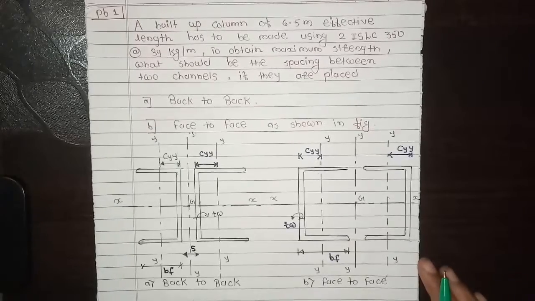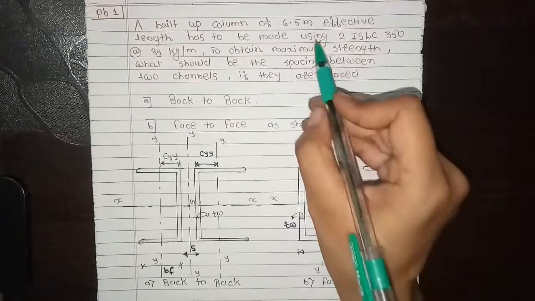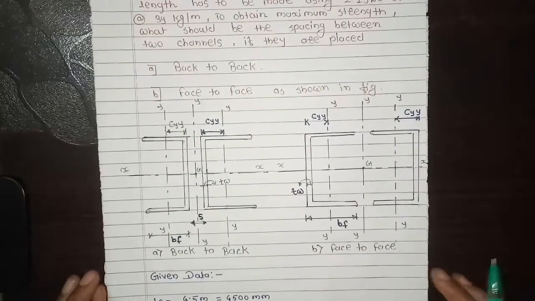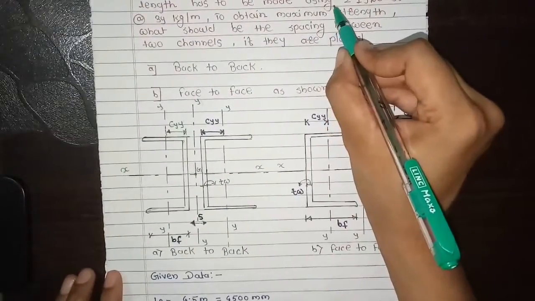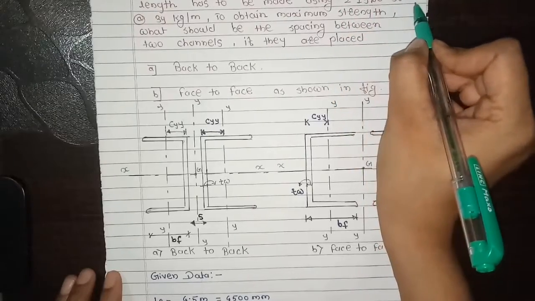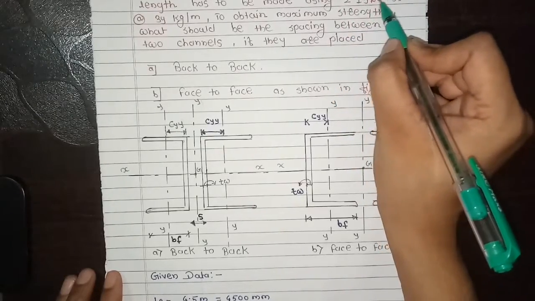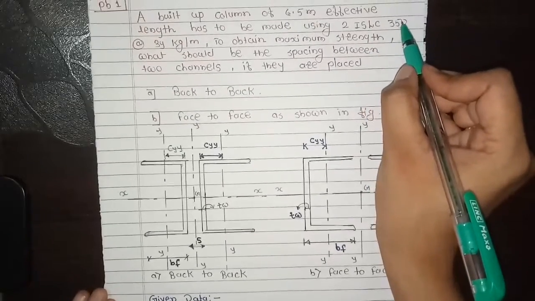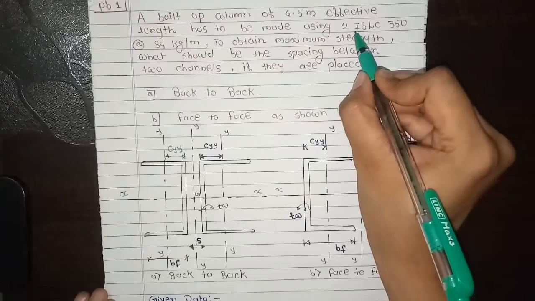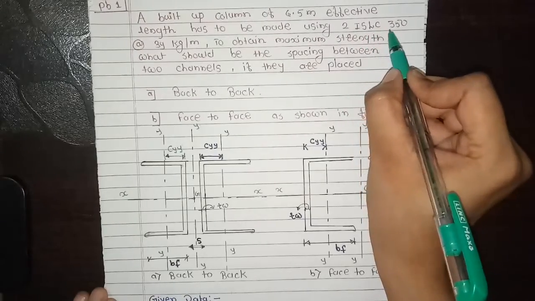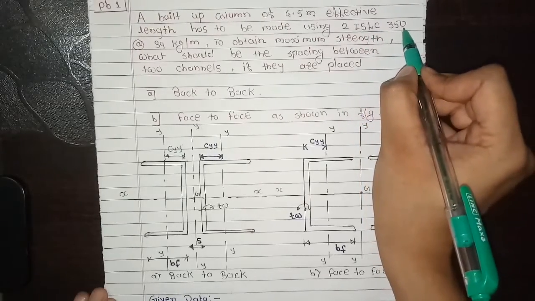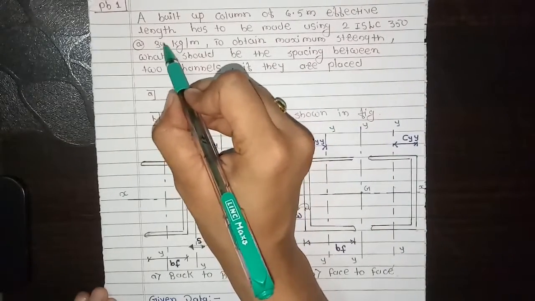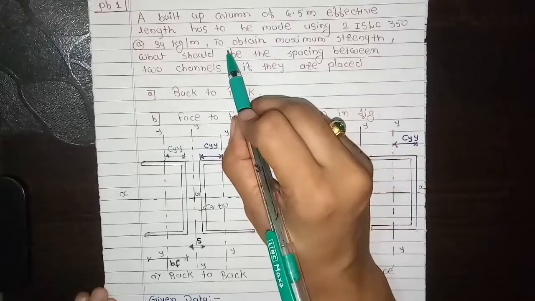Okay. So built-up column 4.5 meter effective length and given section ISLC 350. ISLC means Indian Standard Light Channel Section having 350 mm depth and 39 is its self weight of section.